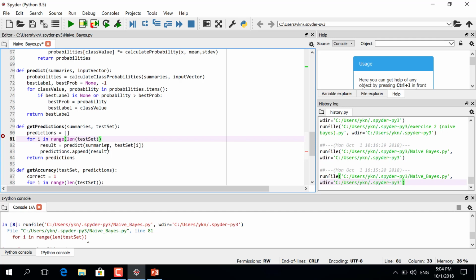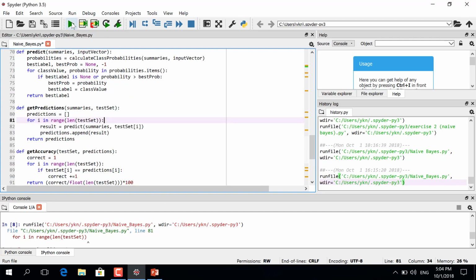That's stupid. For every operation related to function and conditional, you have to put a colon at the end of the statement. Okay, I hope now we don't have any more errors.